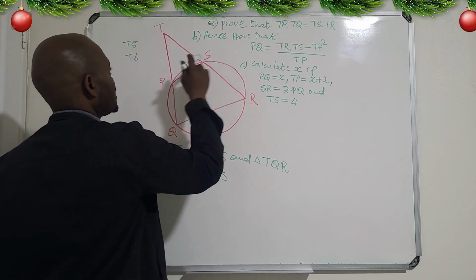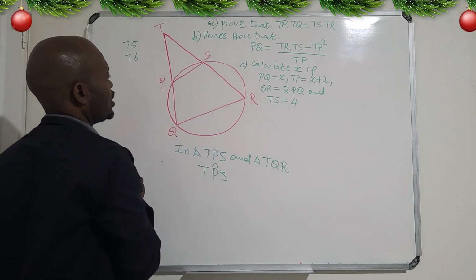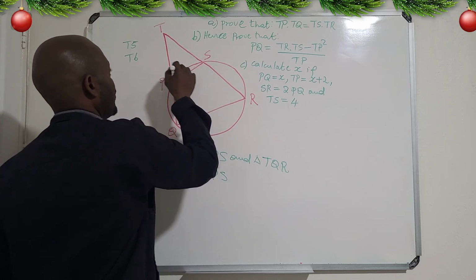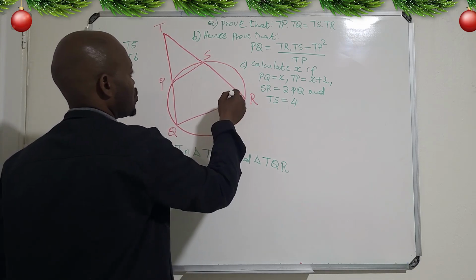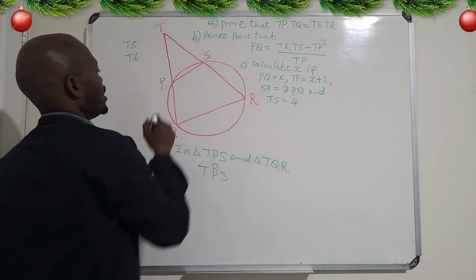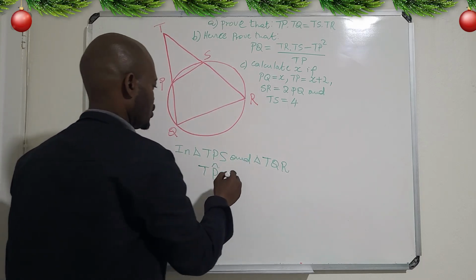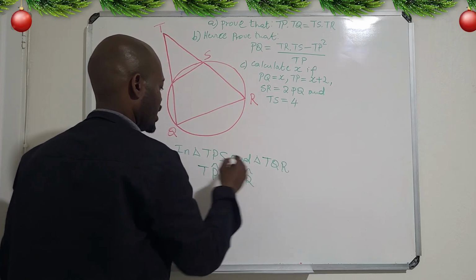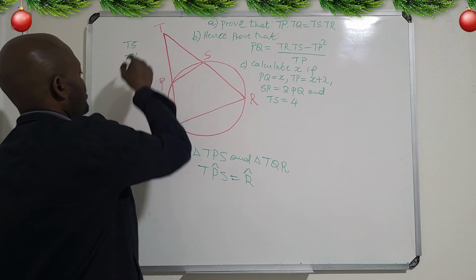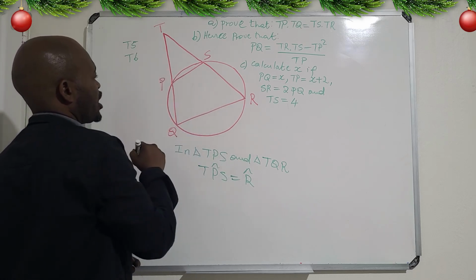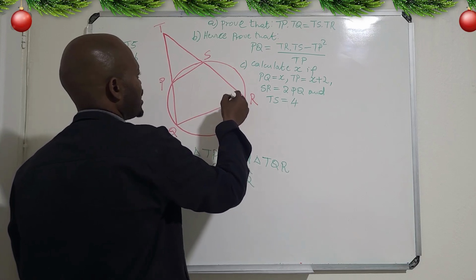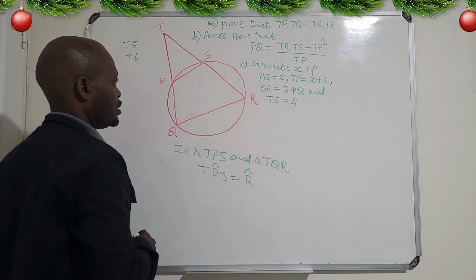Angle TPS, which is this angle there, obviously in this triangle, this angle is equals to this angle there in this triangle, which is angle R. Why is that? Because this is an exterior angle, theorem number 6. This is an exterior angle of a cyclic quad, which is equals to the opposite interior angle.